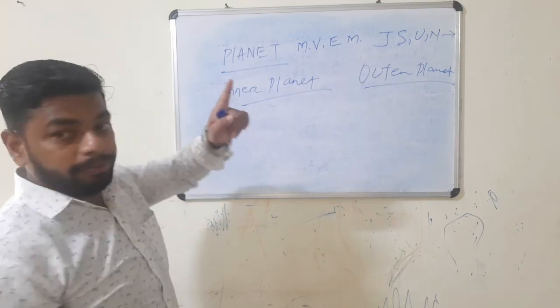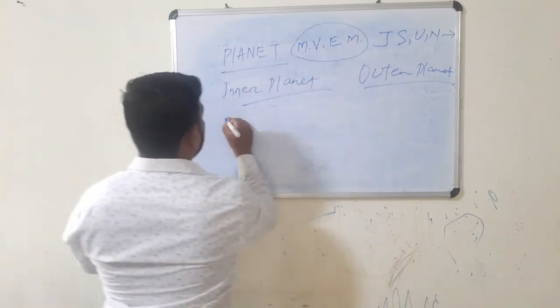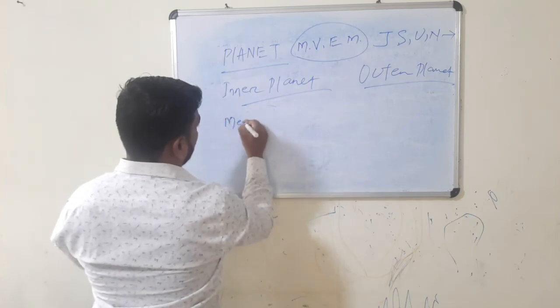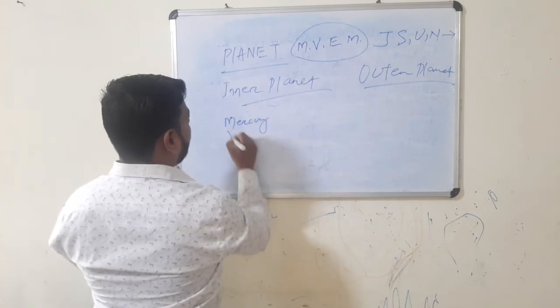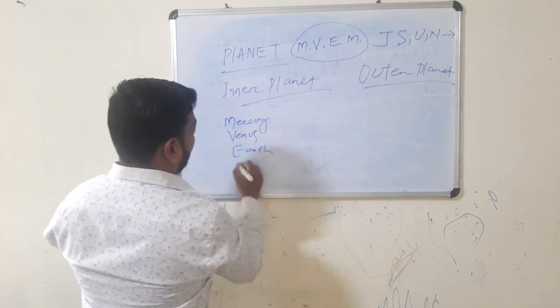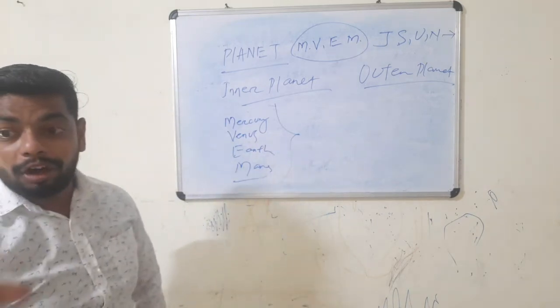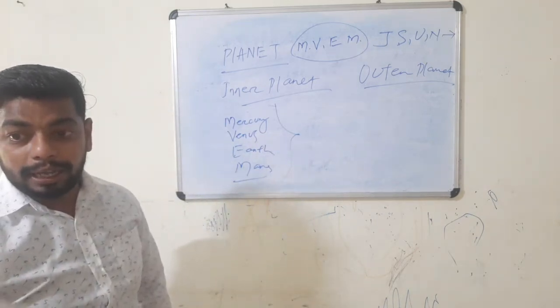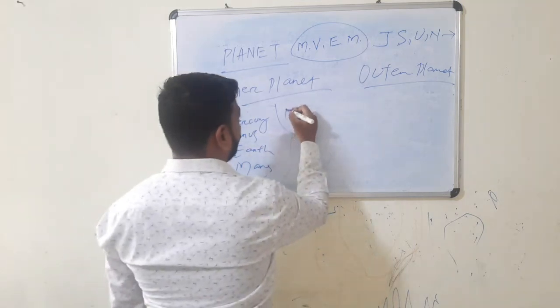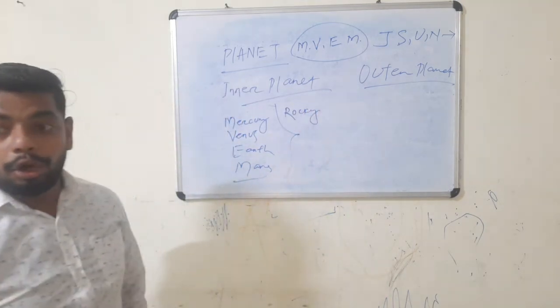So the first 4 planets, that is Mercury, Venus, Earth and Mars, are called inner planets. They are also called rocky planets.